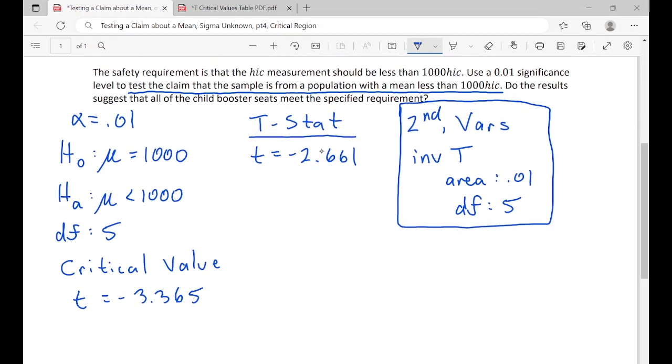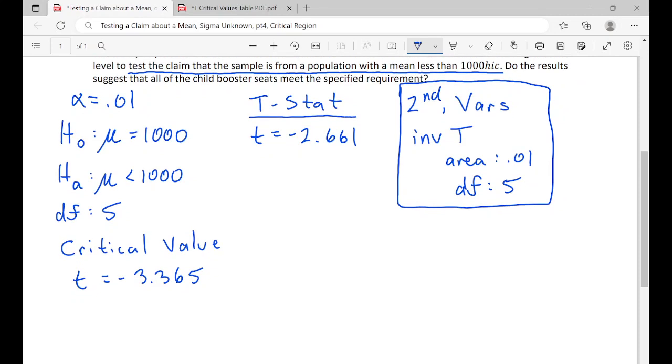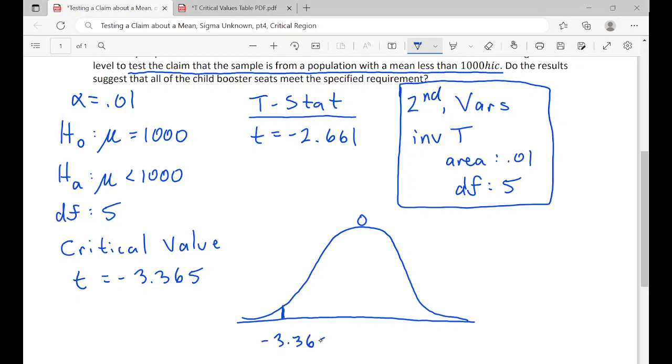But in any case, we now have our t-stat, and we now have our critical value for the critical region, so we can use the critical regions method. In our little graph here, let's see whether we reject or fail to reject. Negative 3.365 for the critical value is going to be somewhere over here. And since it's less than from our alternative, we want this shaded area over here as the rejection region.